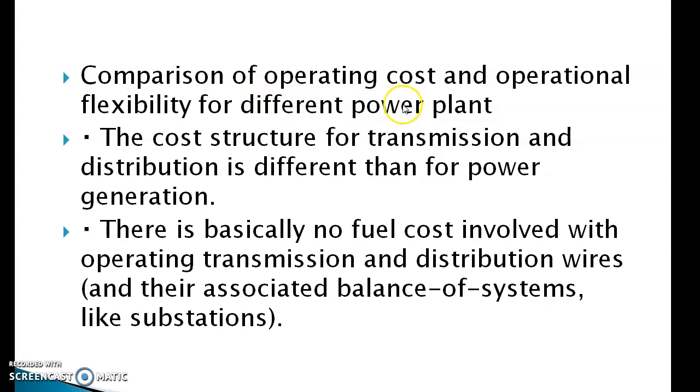The comparison of operating cost and operational flexibility for different power plants. The cost structure for transmission and distribution is different from power generation. There is basically no fuel cost involved with operating transmission and distribution wires and their associated balance of system like substations.